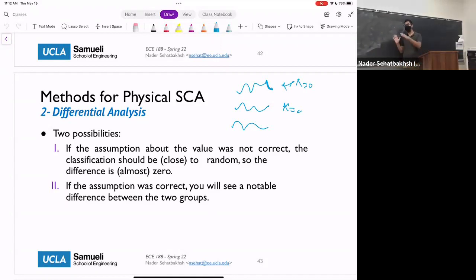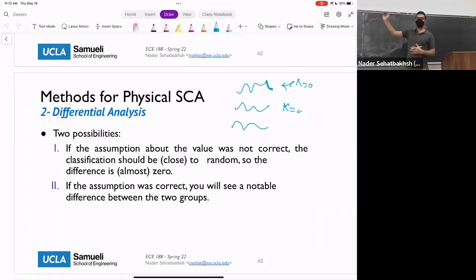And of course, the assumption here is that there is a difference in signal when you're using X equal to 0 versus when you're using X equal to 1. Okay, if there is no difference at all, then regardless of how you categorize these two, you'll never see any difference. So the beginning assumption is that if I do X equal to 0 and create the signal versus if I do X equal to 1 and create the signal, there will be some difference.